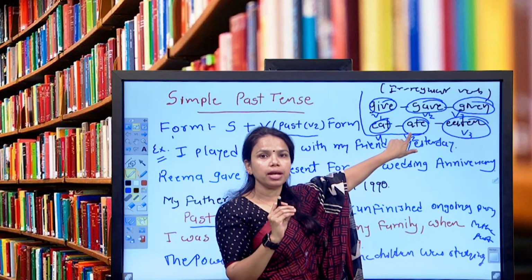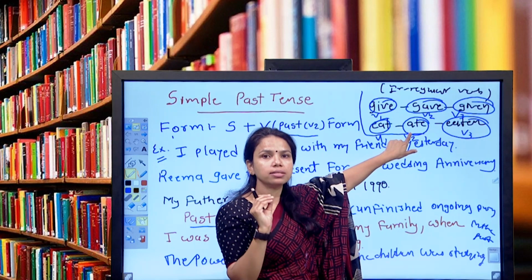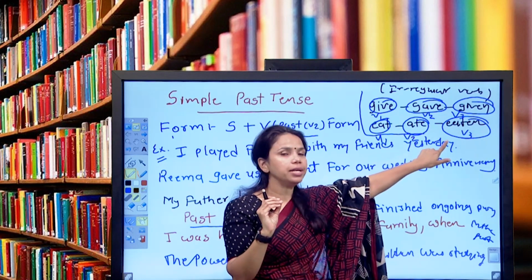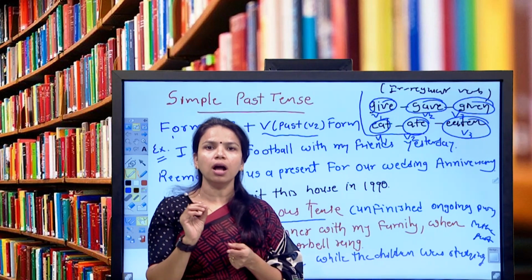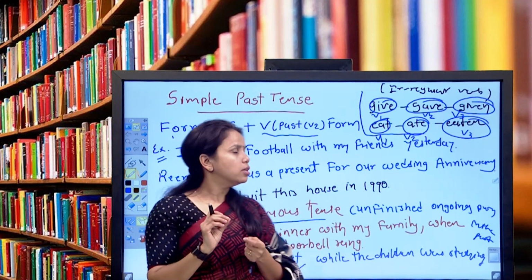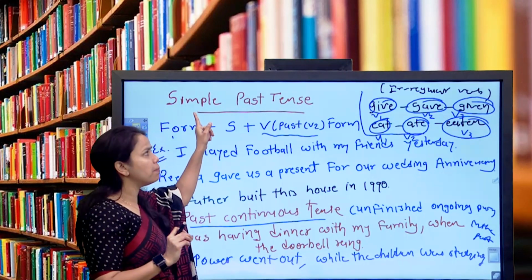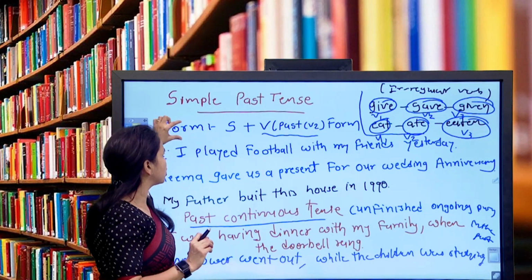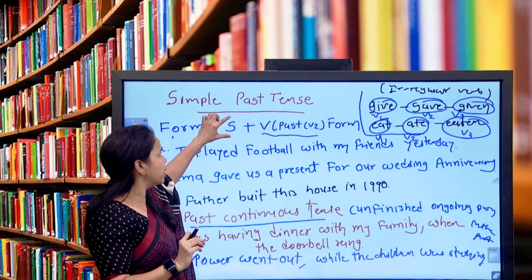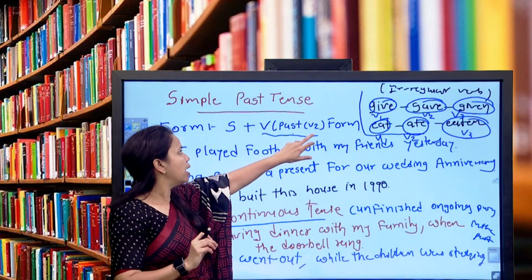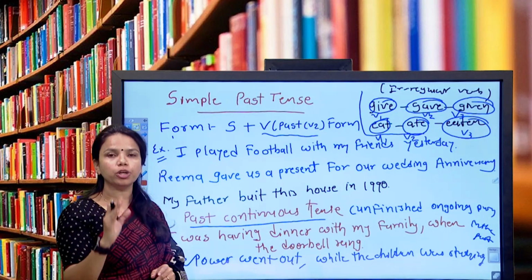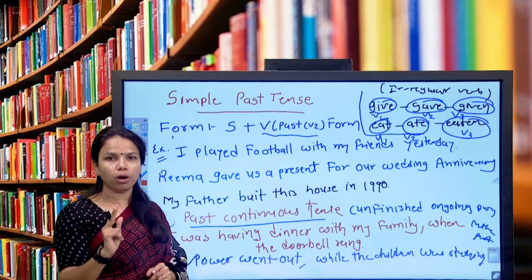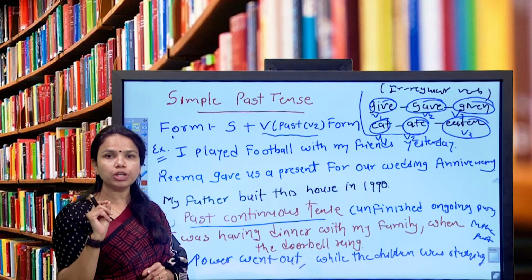It indicates simple past tense, okay, and eaten is a V3 form. We mainly use it in perfect tenses, right. The simple past tense structure or form is subject, verb and object, and in the verb we mainly use the second form of the verb, or you can say V2 form.